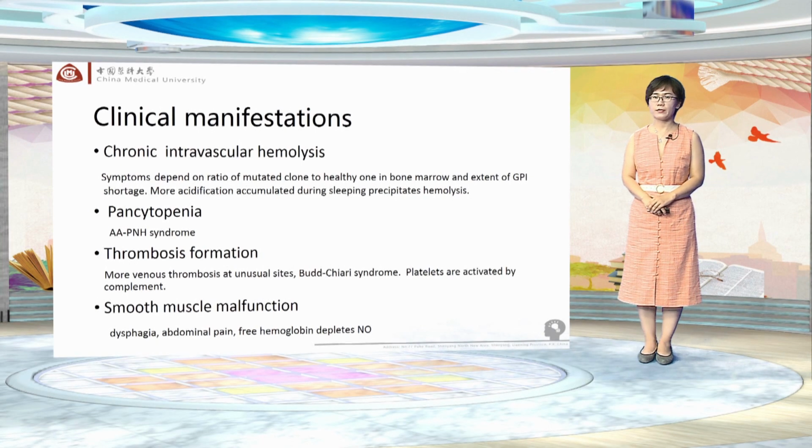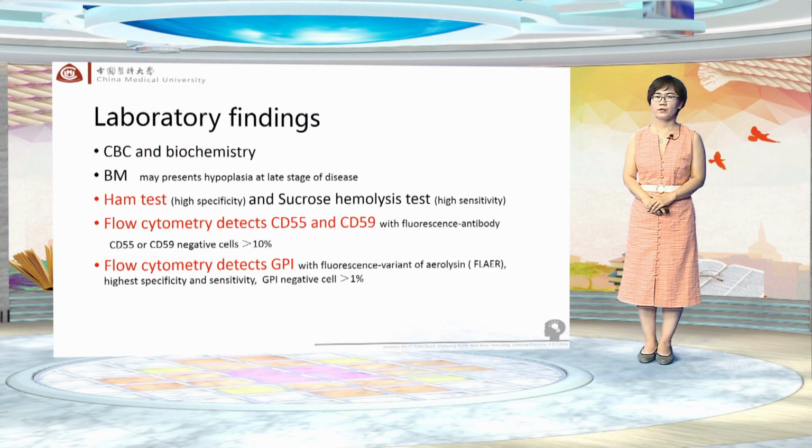Intravascular hemolysis releases free hemoglobin into the circulation, and the resulting depletion of nitric oxide may cause symptoms of increased smooth muscle tone, including dysphagia, abdominal pain, or erectile dysfunction.